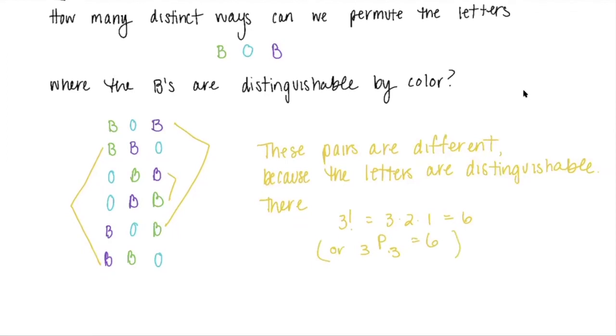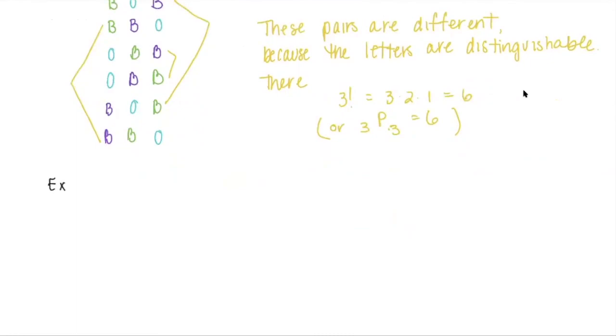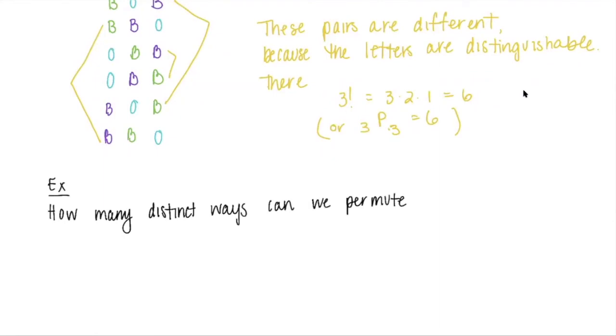But now if I change this, and I can't tell the difference between these 2 B's, I run into a different scenario because now these look exactly the same, and I only really have 3 options now. So how many distinct ways can we permute the letters BOB, where the B's are not distinguishable?